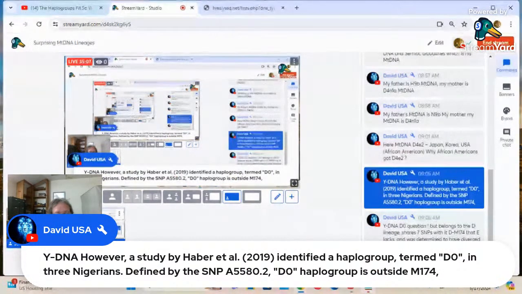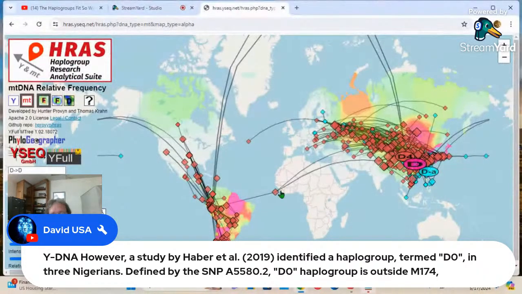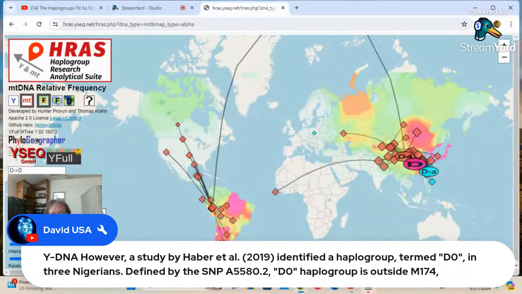The study identified haplogroup DO in 3 Nigerians, defined by, well, if we go back here, we can see this right here. There's a D haplogroup right there in Africa.